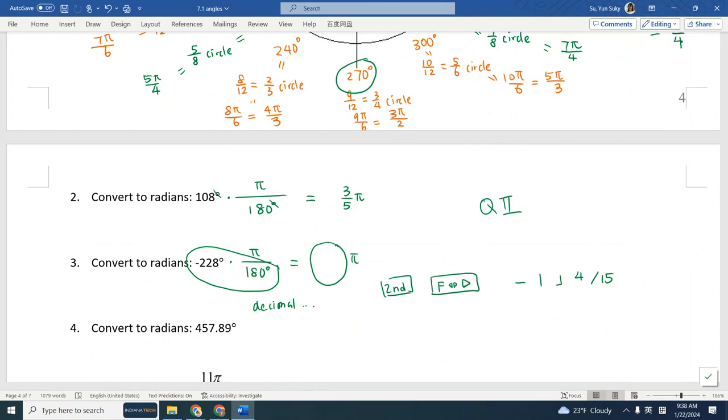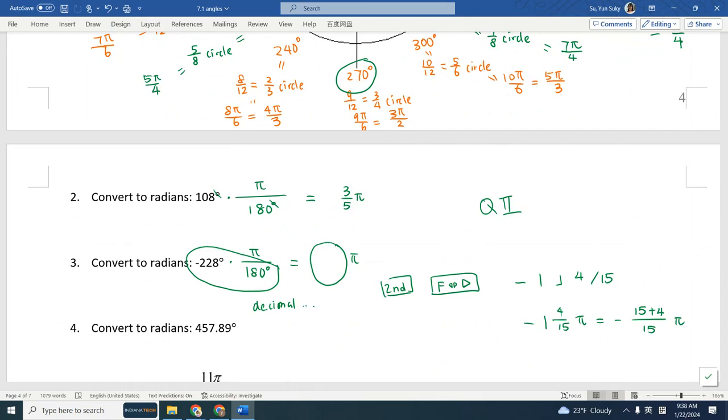You might get 1, and then 4 over 15. Do you get this symbol on your calculator? This means it's negative 1 and 4 over 15 pi. So this is a mixed number, and this is the proper fraction 4 over 15.